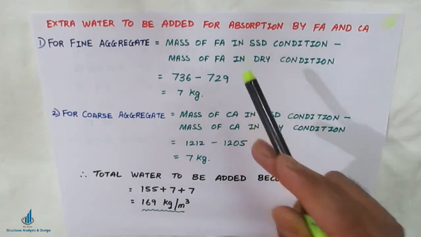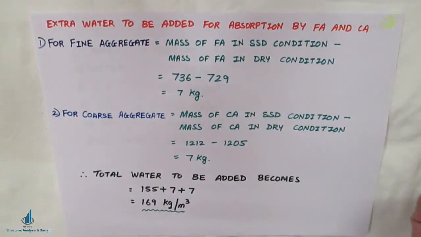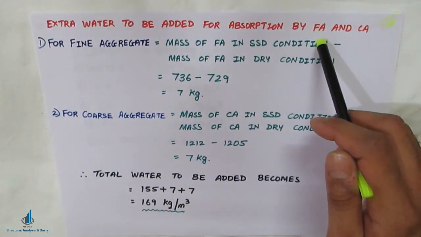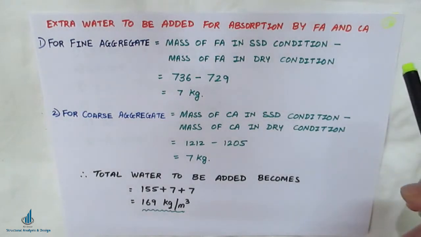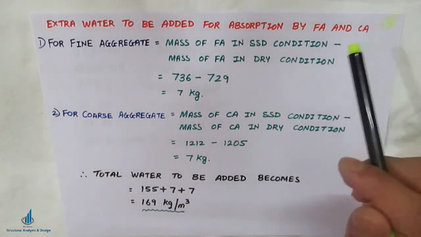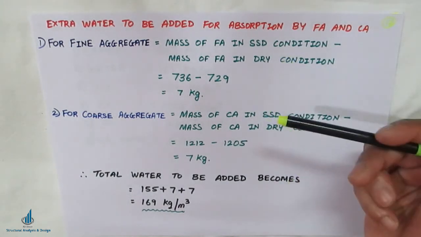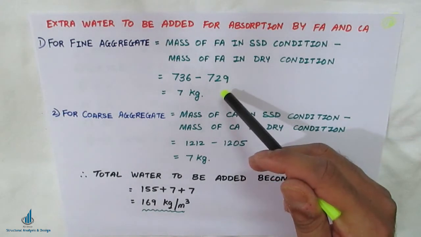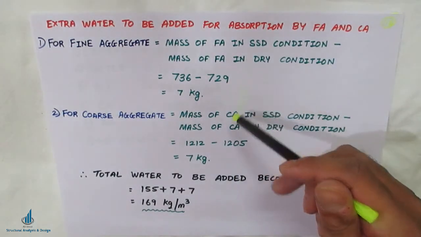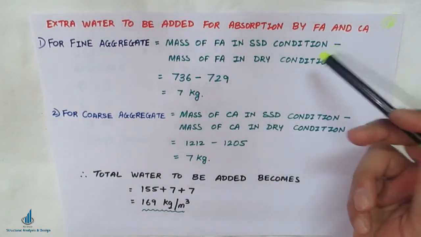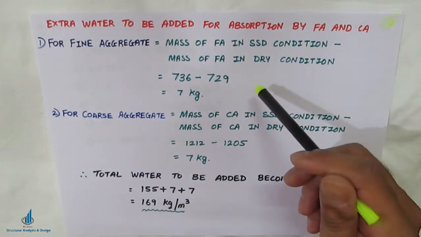Now if the aggregates are in dry condition and you pour the water while mixing, the coarse aggregates and fine aggregates absorb a percentage of water. To counteract that, we have to add an extra amount of water. Previously we calculated for SSD condition, right? And we are now calculating for the dry condition. So extra water has to be added to balance this proportion.